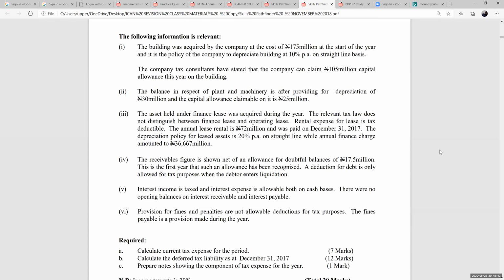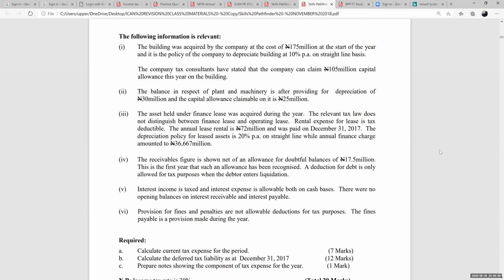The depreciation policy for lease asset is 20% per annum on straight line, and annual finance charge amounted to 36 million. 4, the receivable figure is shown net of an allowance for doubtful balances of 17.5 million. This is the first year that such an allowance has been recognized.